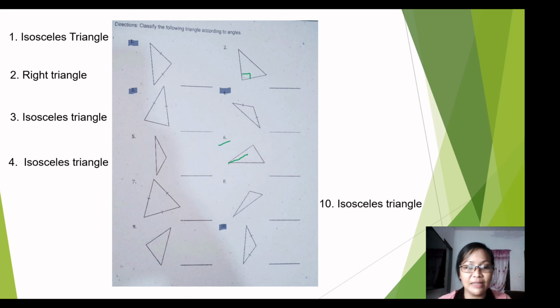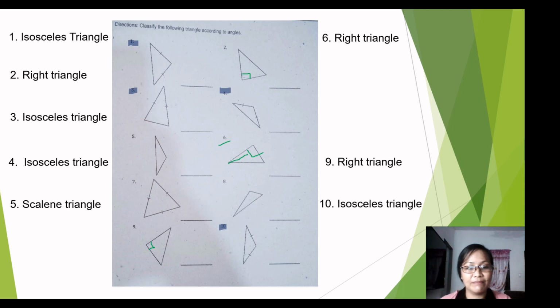If they are perpendicular, it forms 90 degrees here. Therefore, number 6 is a right triangle. Number 9 is also a right triangle. Why? Because this line and this line are perpendicular. And again, if they are perpendicular, it forms 90 degrees in here. Therefore, number 9 is also a right triangle.